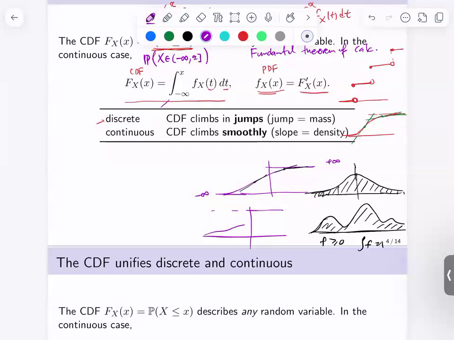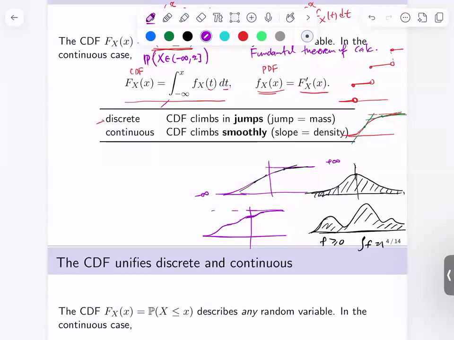So maybe the slope starts high, then low, then high, and then low. Areas corresponding to the peak would cause the CDF to rise faster. Areas where it's a valley, it flattens a little bit. It's not exactly flat. It's always increasing because the PDF is not 0.